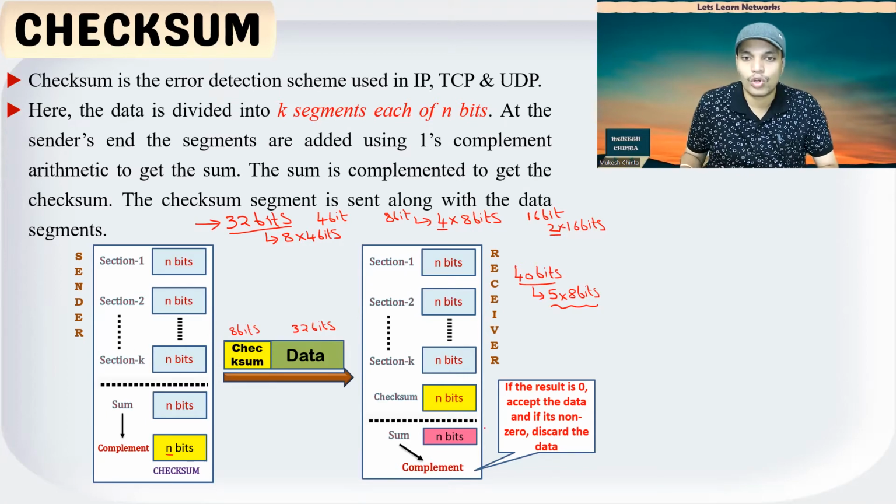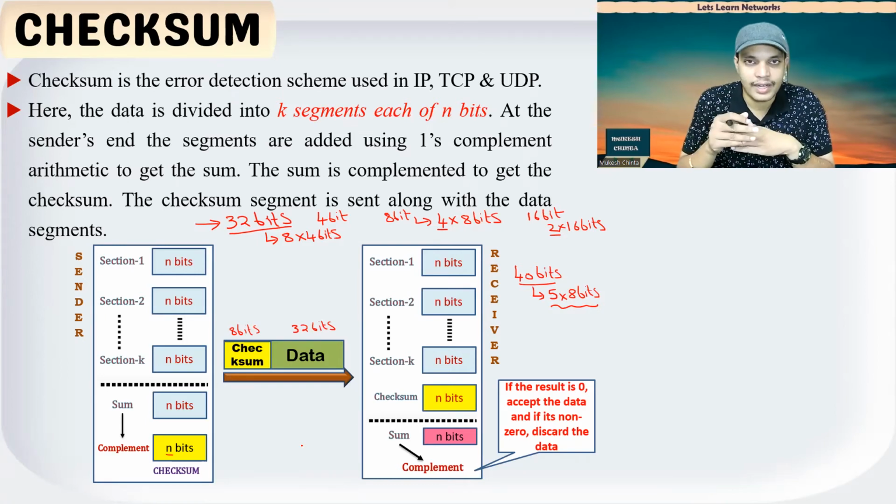So this is the whole concept of checksum. Whichever message you have, you break it up into different segments. Each segment should consist of the same number of bits, and you add all the segments. Then you get the sum. This sum is complemented to get the checksum. This checksum is appended to your original data and sent to the receiver.